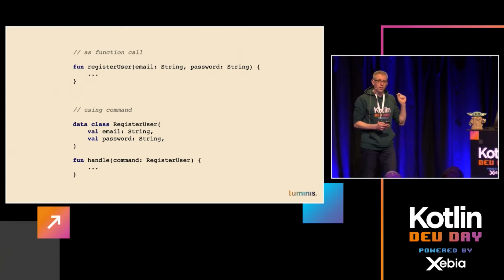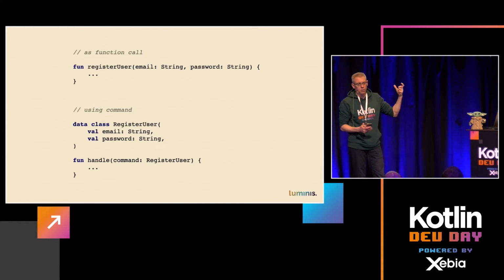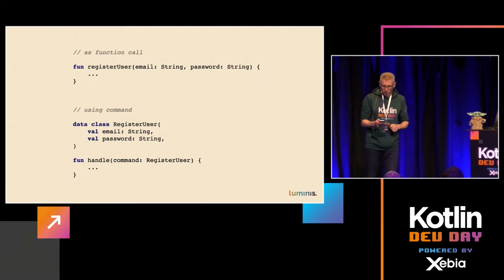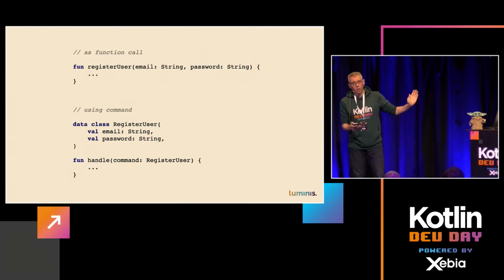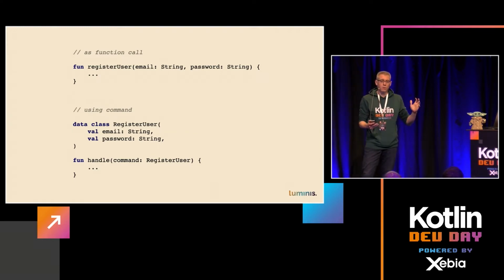One of the key benefits here is that you capture the intent of what someone is trying to do. You're not just passing some arguments, you're capturing the fact that someone's trying to register and that they passed in this information. Then you can pass all that information along a whole chain of functions, a whole pipeline if you want to, without having to modify it.